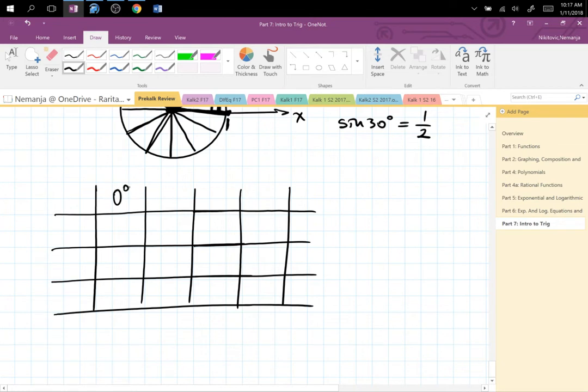So what are the important numbers? 0, 30 degrees, 45 degrees, 60 degrees, and 90 degrees. The rest doesn't matter. We have sine, cosine, and tangent. We know that the other three are flips, so it's easy to flip these values.